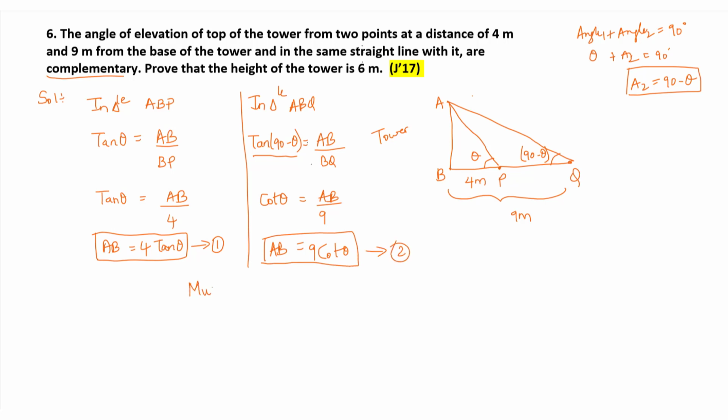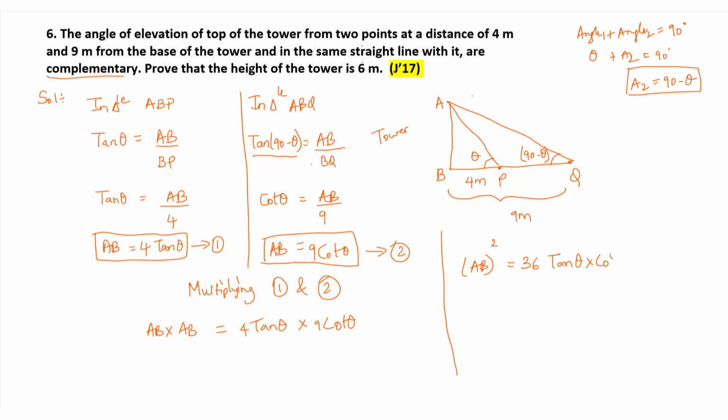Now on multiplying equation 1 and 2, we get AB into AB, which is equal to 4 tan theta into 9 cot theta. That gives us AB whole square, and 4 nines are 36, tan theta into cot theta.